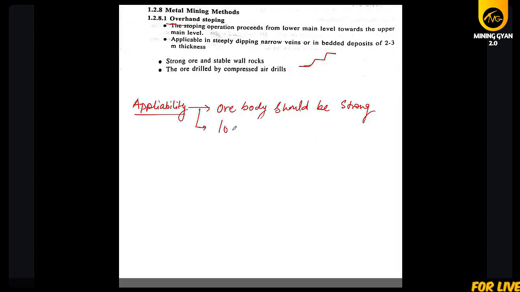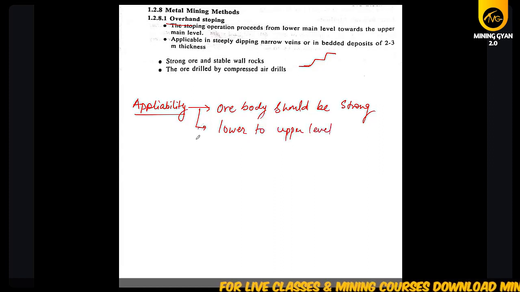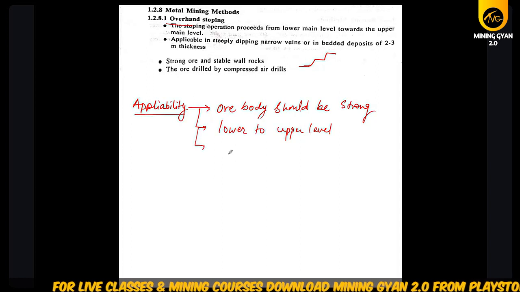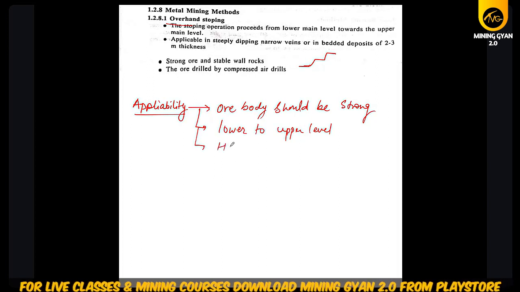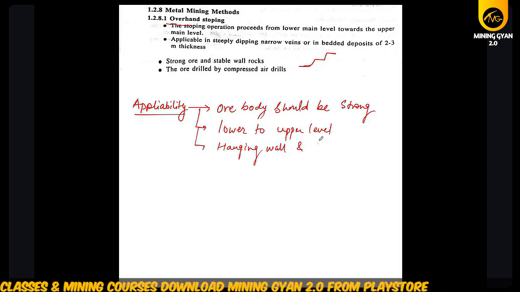So in overhand we will go from lower to upper level, and in this overhand stoping method, the hanging wall and foot wall should be strong.